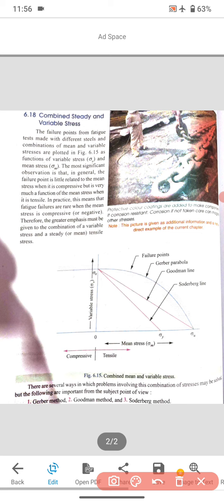If you draw a line from sigma e to this point, you can easily see this line is inside the Soderbergh line, so it is safe, because it is in the region of safety. It is in the safety region.